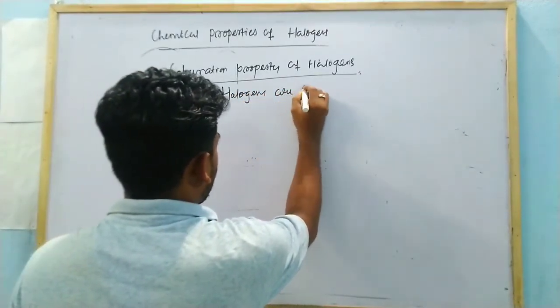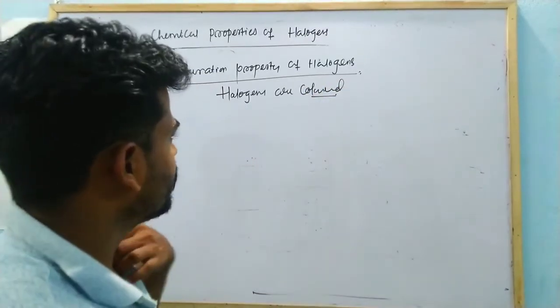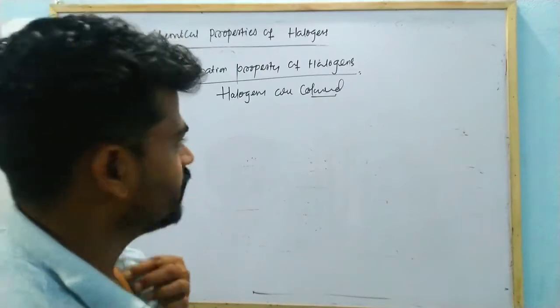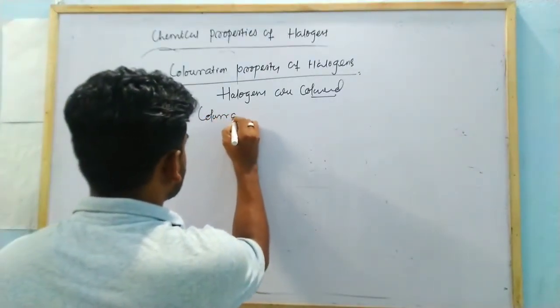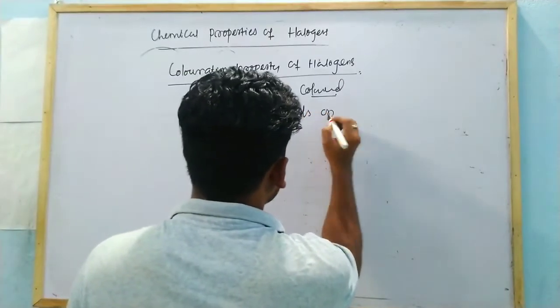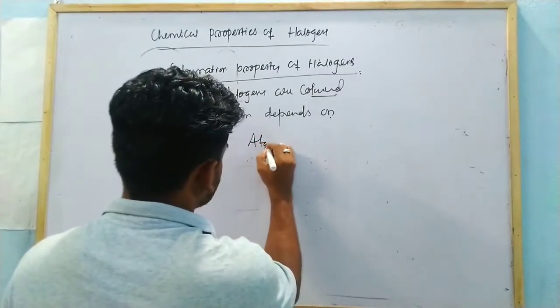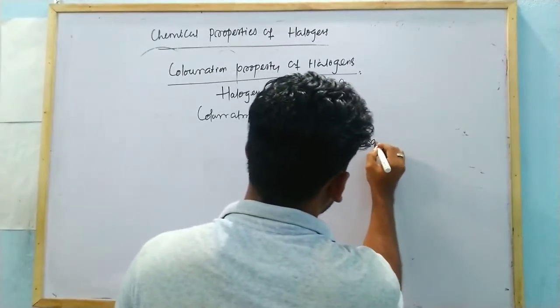Coloration mainly depends on atomic size and valence electrons.